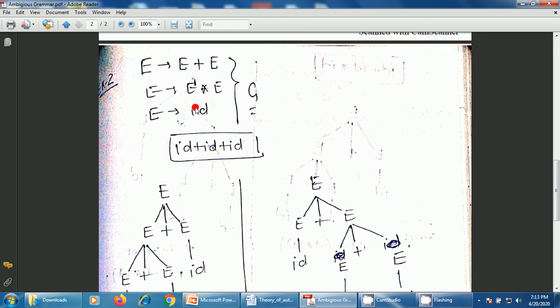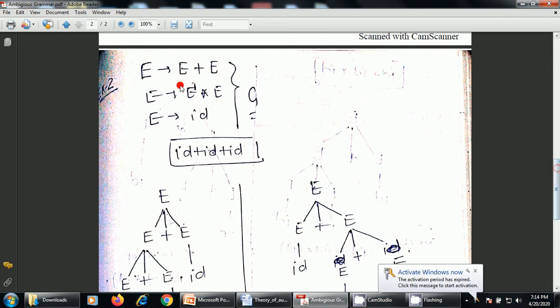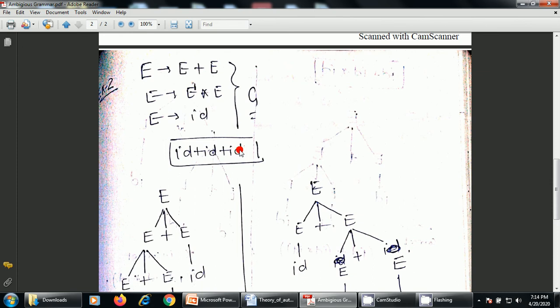Here id, plus and star are terminal symbols, and capital E is a non-terminal symbol and also the start symbol. Now the question is, is this grammar ambiguous or not? If we are able to generate two leftmost derivations or two rightmost derivations for this string using this grammar, then we say that this grammar is ambiguous.